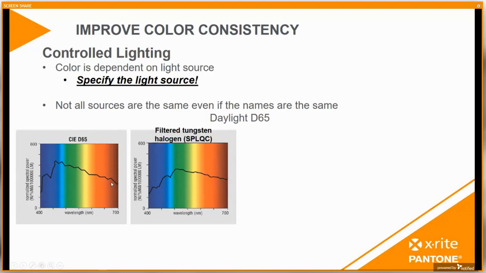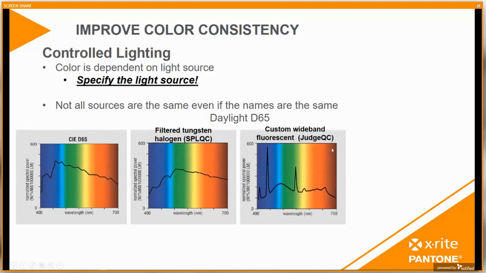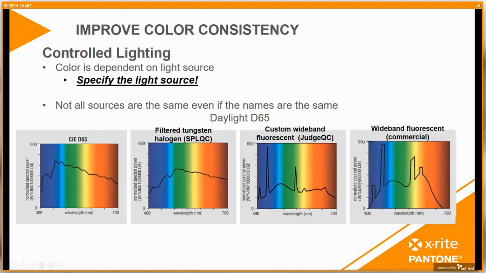Now, you can also go to a light booth like the Judge QC, a smaller, lower cost light booth, right? It uses a custom wideband fluorescent light to simulate daylight D65. Obviously not the same curve. And if you go to your favorite big box store and buy the commercially available daylight bulbs, fluorescent tubes or whatever, to put in your office or your factory, they're going to look like that.